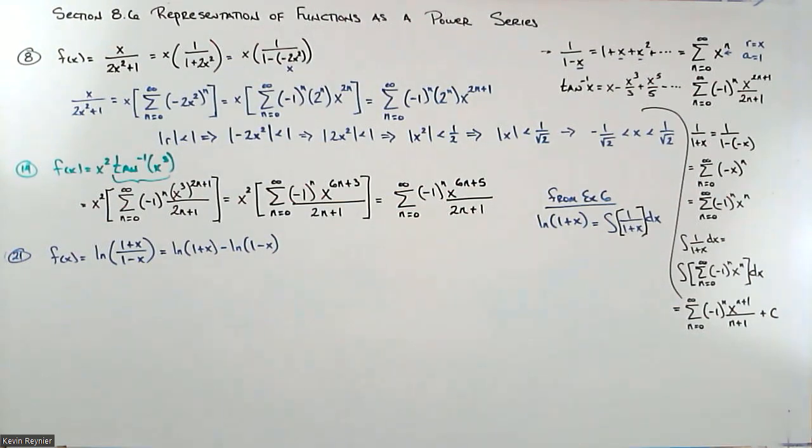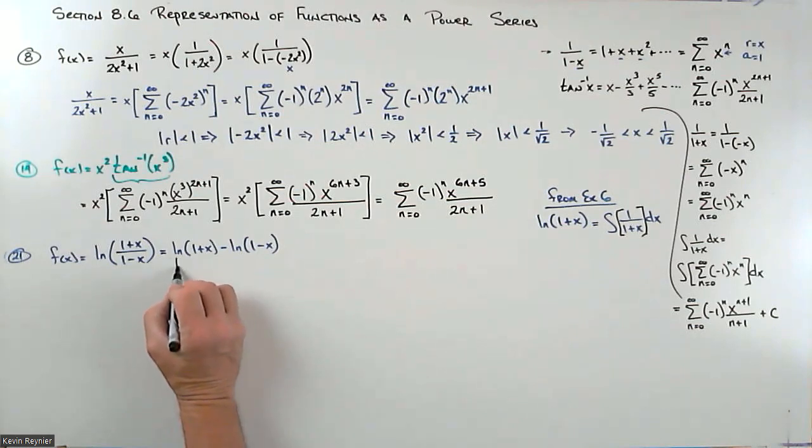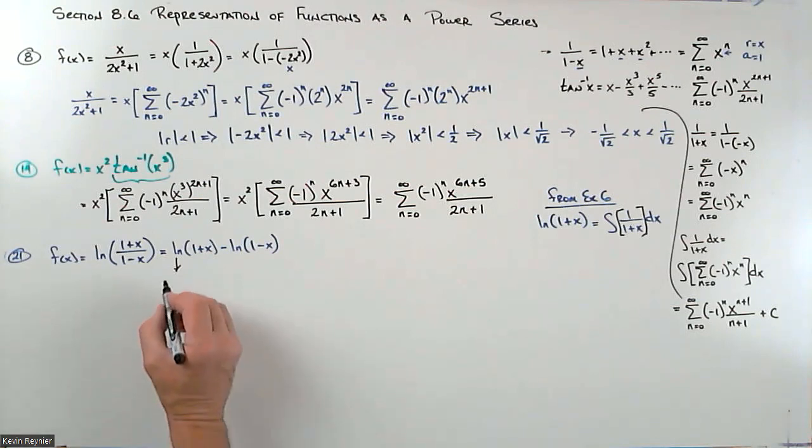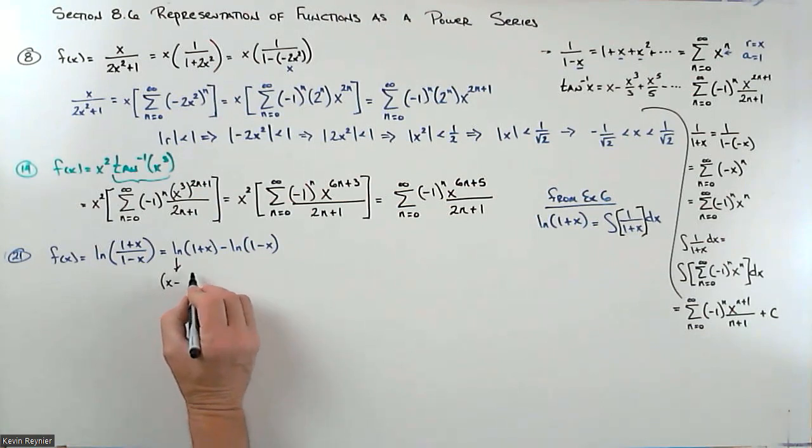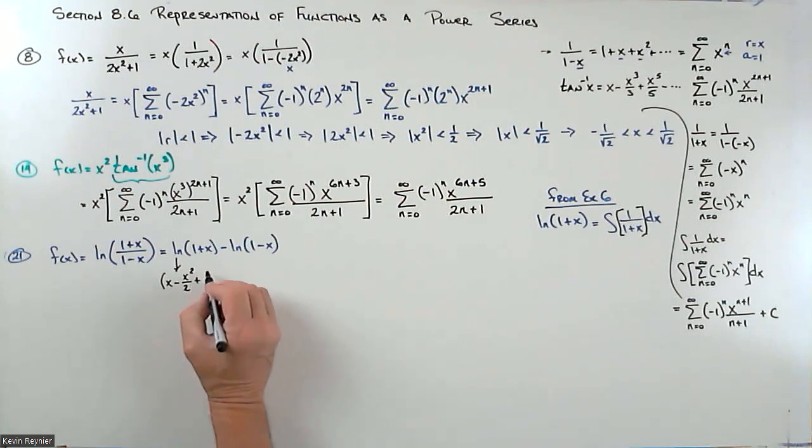All right, so all of that was just because they already did the work for us in example 6. They told us this series right here was equal to x minus x squared over 2 plus x cubed over 3.